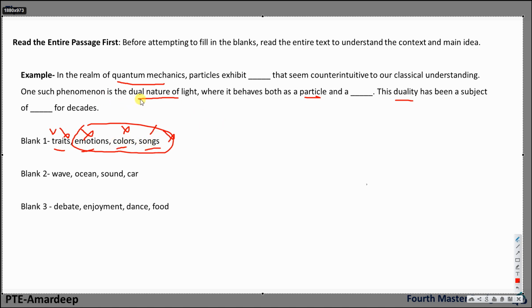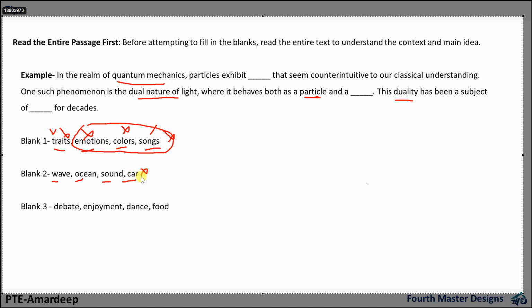Then, one such phenomenon is the dual nature of light, where it behaves both as a particle and as a what? As a wave, as an ocean, as a sound, as a car? What is this thing? Mechanics, physics.